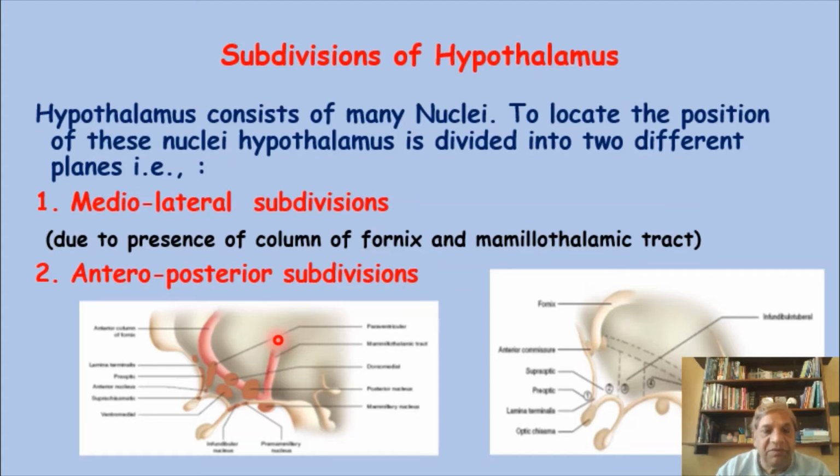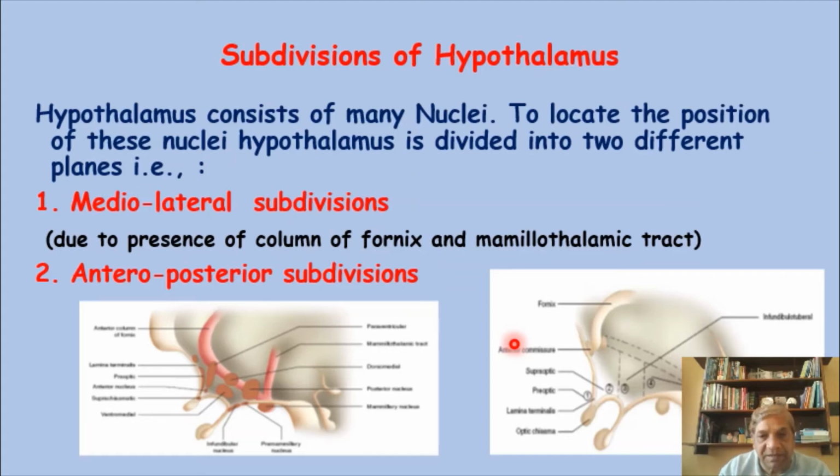So roughly we divide the nuclei into superficial, the medial subdivision, and deep, the lateral subdivision. This is one way of dividing the groups of nuclei, placed medially or laterally.